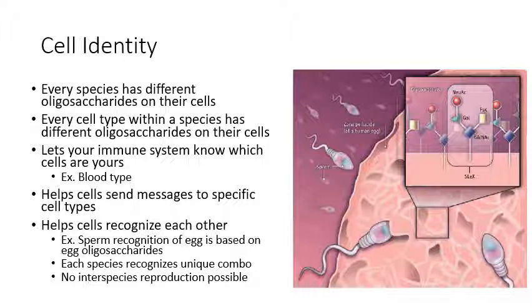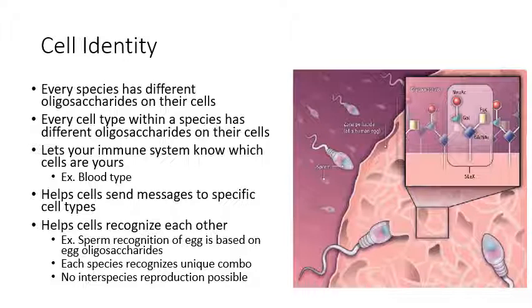Finally, this oligosaccharide cell identity system is important for cells recognizing each other during mating. So when you have mating and sexual reproduction, where a sperm comes to an egg and is going to try to penetrate that egg and fertilize it, first the sperm needs to be able to actually attach to the egg. And the way the sperm is going to attach to the egg is by having a receptor on its surface that is able to bind to specific oligosaccharides on the surface of the egg.